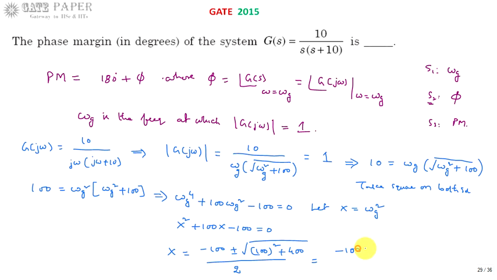So this is minus 100 plus or minus the square root of 10,400, divided by 2. The square root of 10,400 is 101.98, so x is minus 100 plus or minus 101.98, divided by 2.